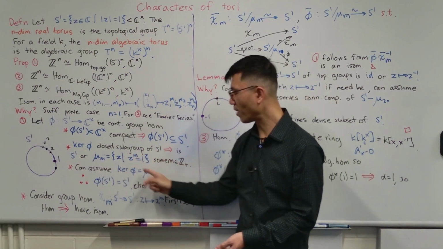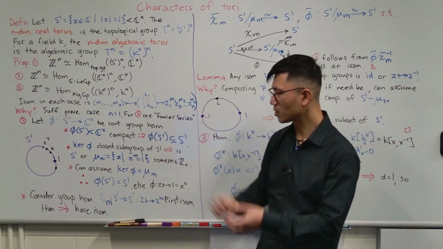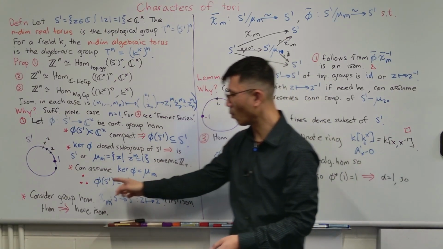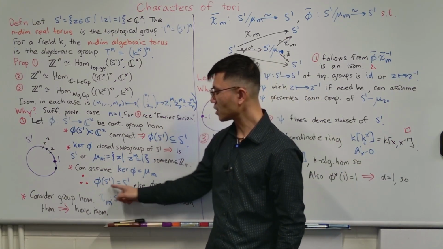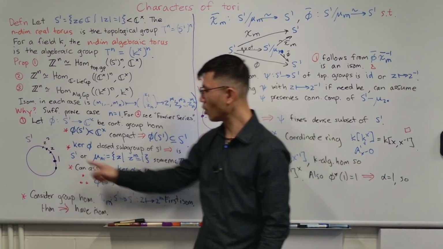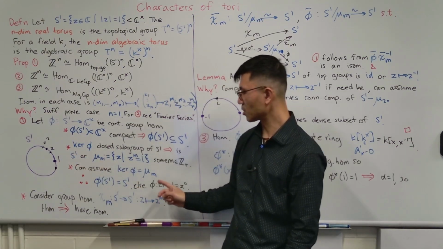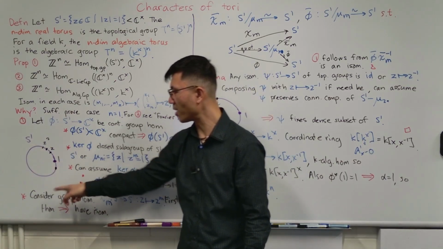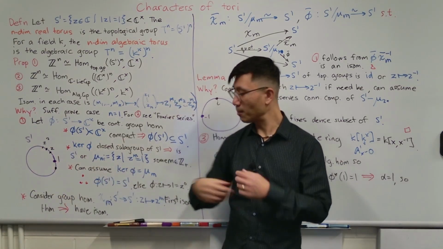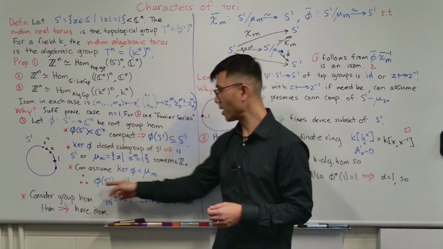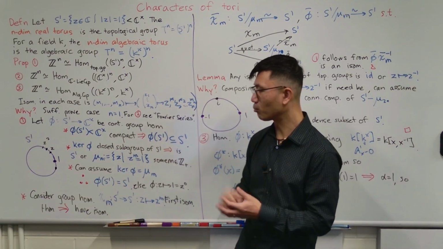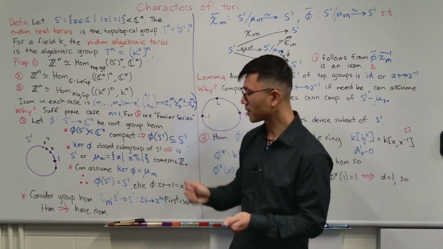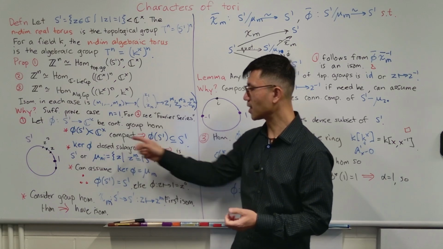So now the kernel of phi is mu m. It's not all of S1, so you're not just mapping everything down to 1. What's phi of S1? Well, it's not 1. We're assuming it's not 1 because the kernel is not all of S1. So it has some other elements. But because S1 is compact, phi of S1 is a compact subgroup. So in particular, it's a closed subgroup.